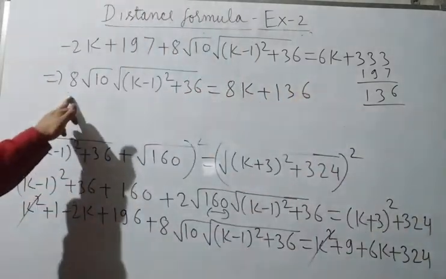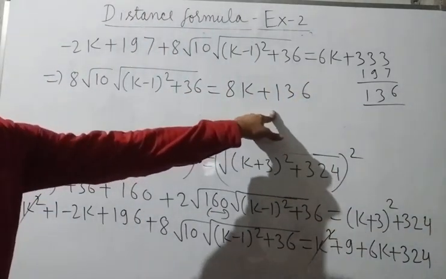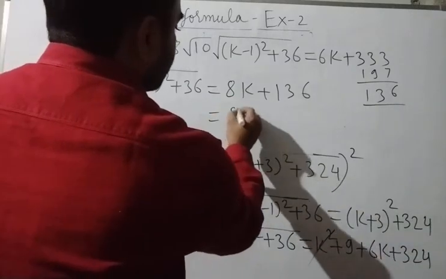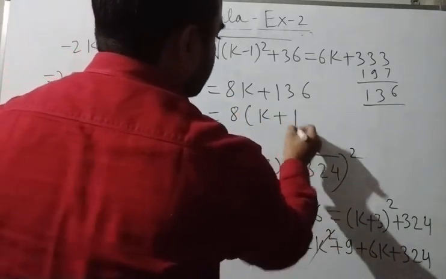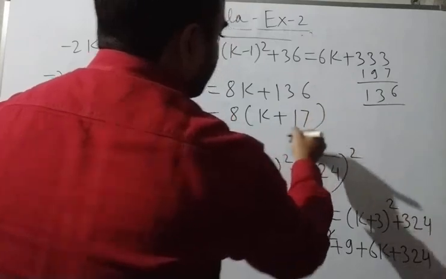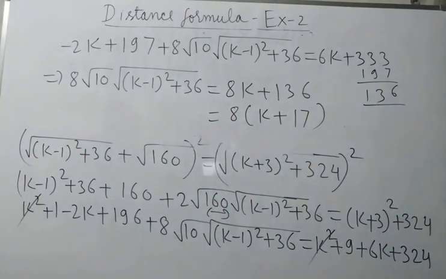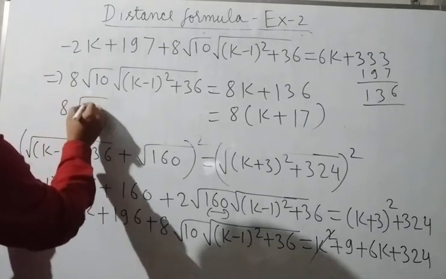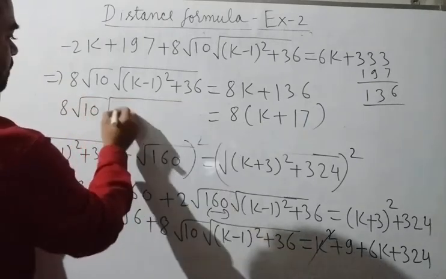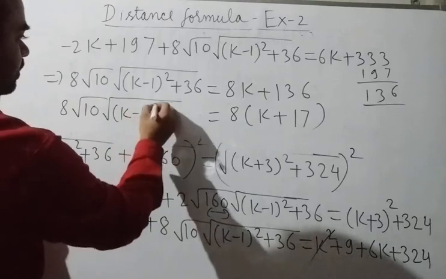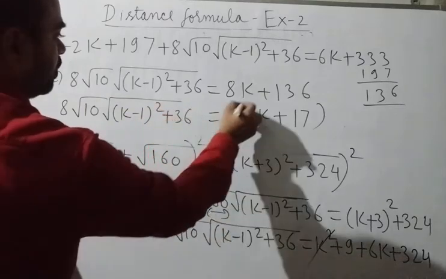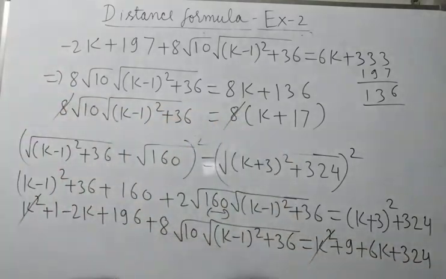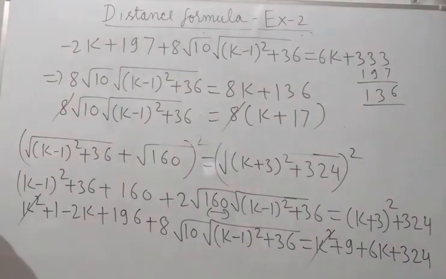Now see, 8 and here also 8 is common. We can write 8 is common. What is left? k plus 17, correct? And here also 8, so 8 and 8 both are cancelled. Clear? I think it is clear.